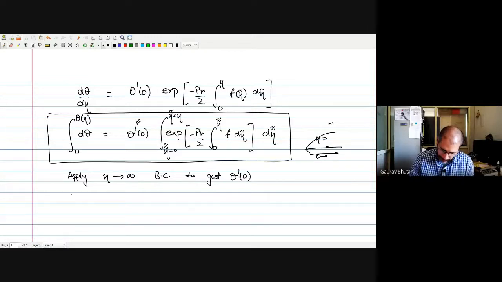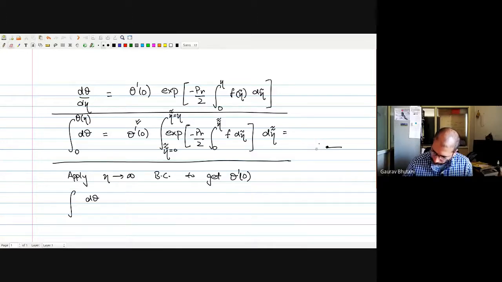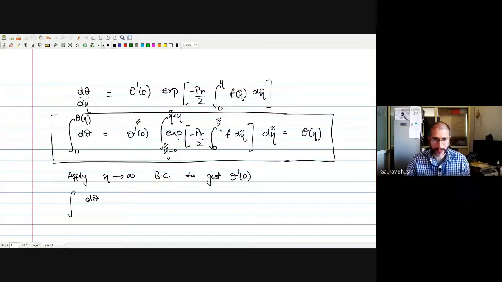So the way we do that is, in this expression, we can write this as theta at eta, because we can see that we're integrating d theta, so we get theta minus 0, which is theta.